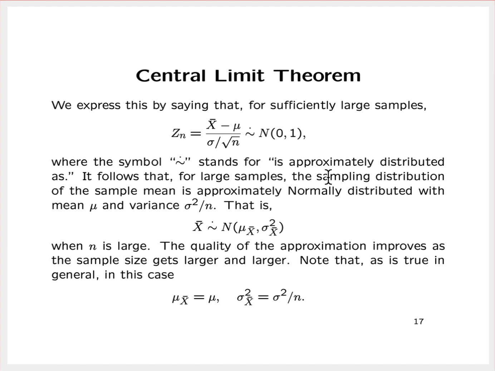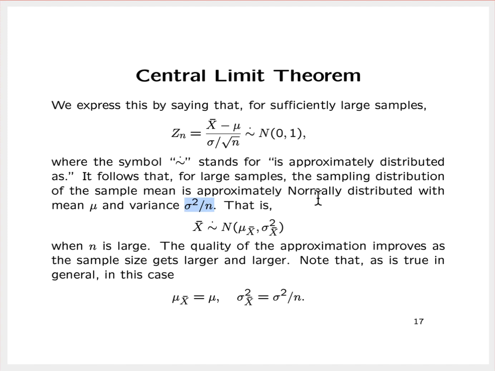And so it follows that for large samples, the sampling distribution of the sample mean itself, x bar, is also approximately normally distributed. And we know the mean and the variance of that sampling distribution. Because this is true for any distribution we happen to be sampling from, the mean of the sampling distribution of the sample mean is mu, the mean of the population we're sampling from, and the variance is equal to the variance of the population divided by the sample size.